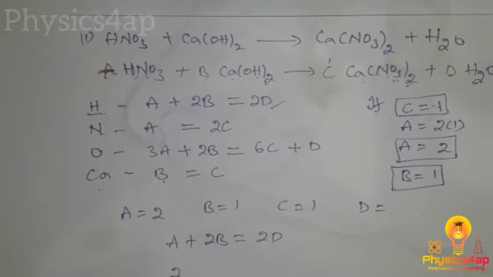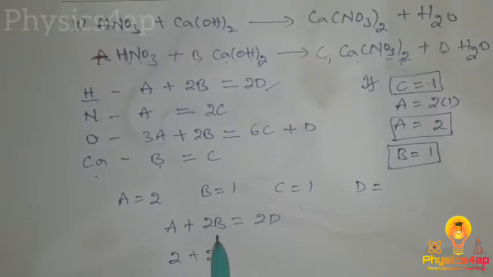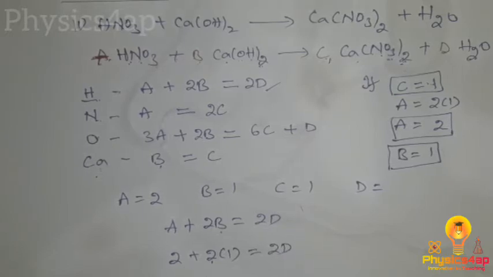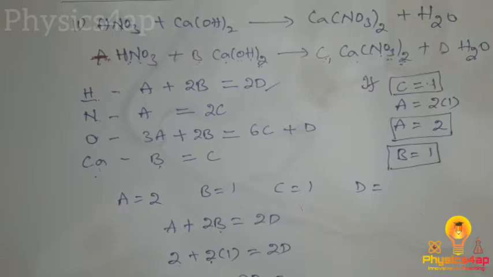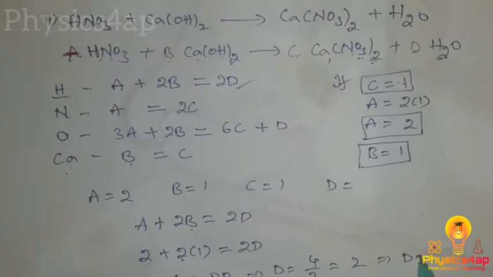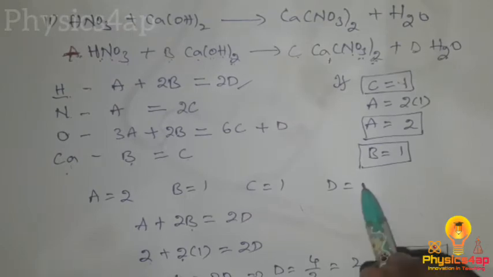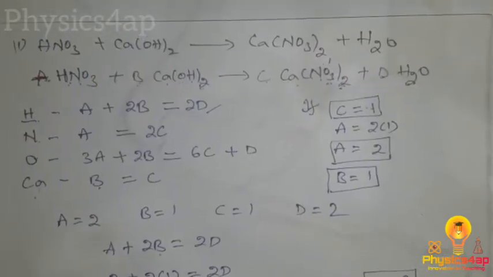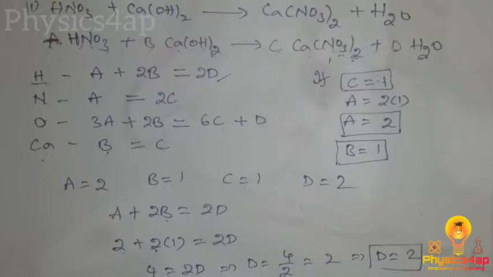A value is 2 plus 2 into B value 1 is equals to 2D. So 2 plus 2, 4 is equals to 2D. As we need D value, 4 divided by 2 equals 2. So we got the D value as 2.